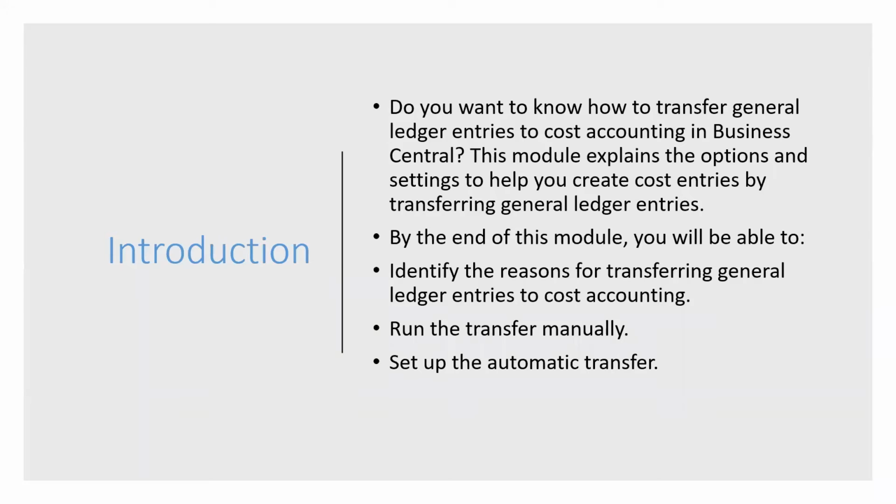So do you want to know how to transfer the general ledger balances to the cost accounting in Business Central? This is what we are going to be doing now. We are going to be identifying the procedures to run an automatic transfer that you could do manually or automatically.